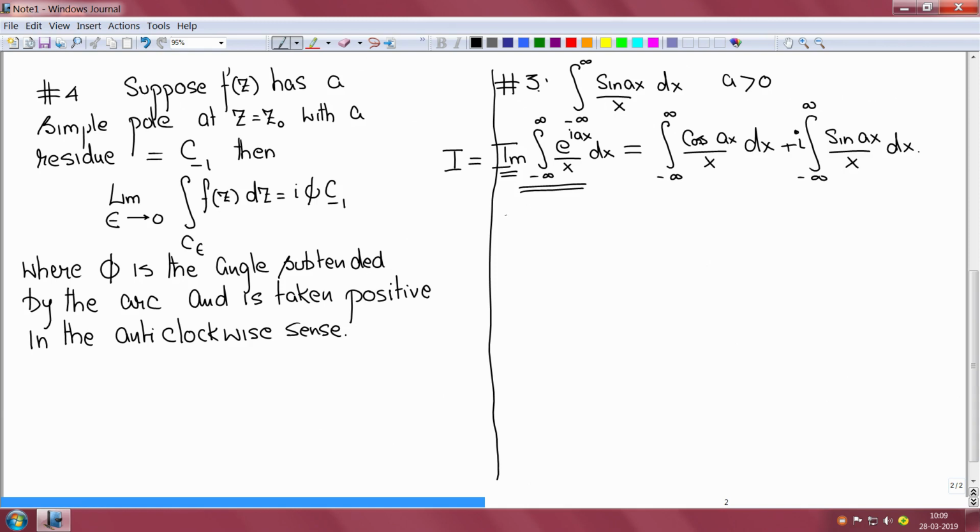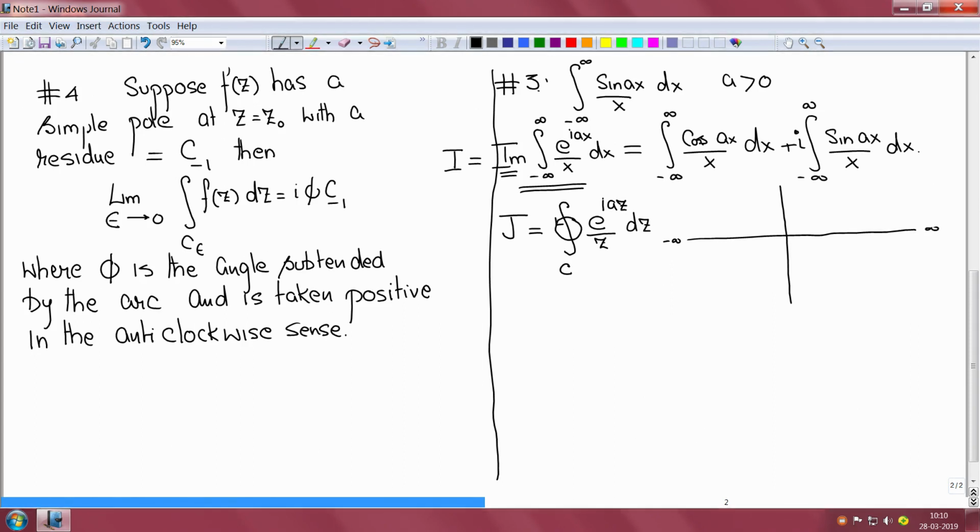So I formulate now an integral on a closed contour C, and I now change the variable to the integral of e to the power iaz by z dz. The contour I choose is this. The original integral goes from minus infinity to plus infinity.